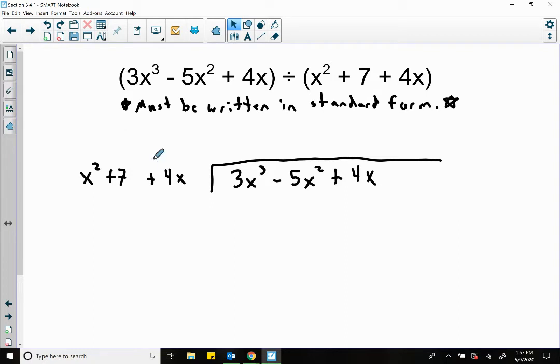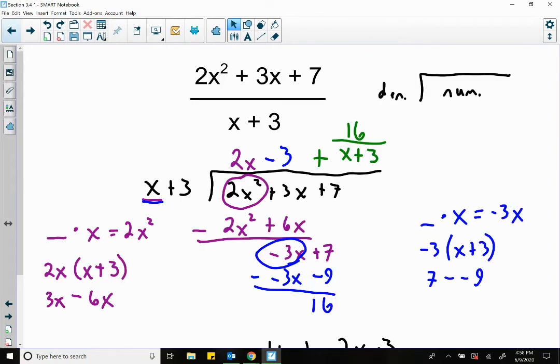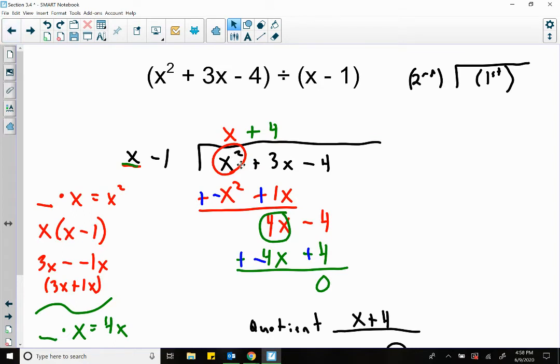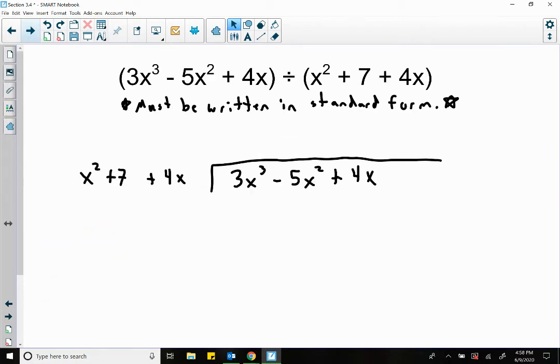So that's the problem with this: you need to make sure that all of your polynomials are in standard form. And if the ones that we did earlier were in standard form, we didn't worry about that. See? 2, 1, 0. 1, 0. Standard form. 2, 1, 0. 1, 0. Standard form. Okay?